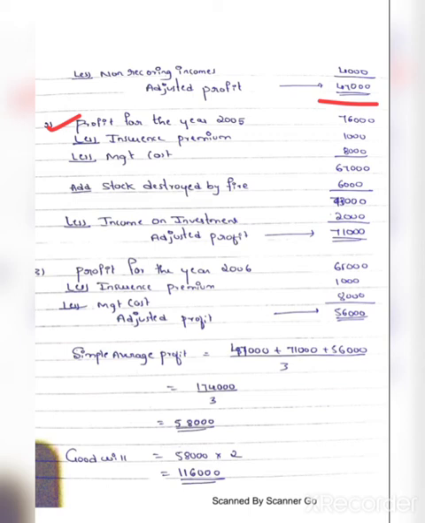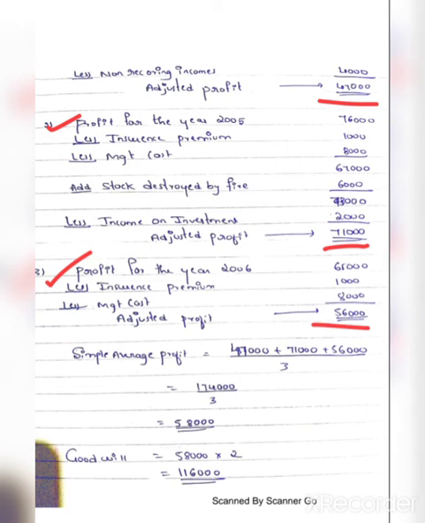Okay guys, next less income on investment rupees 2,000, adjustment third point is given. Next final answer adjusted profit 71,000. Next third one, profit for the year 2006 rupees 65,000 less insurance premium 1,000 less management cost 8,000. So final answer adjusted profit equals 56,000.